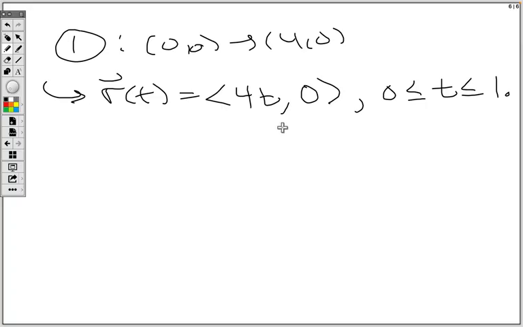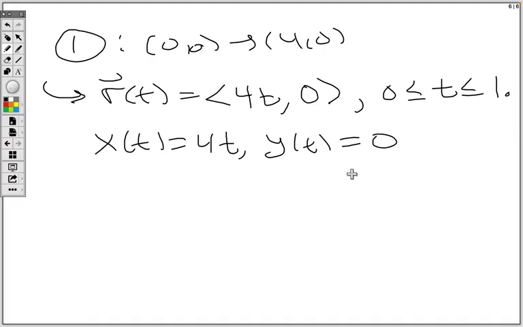So that's my parameterization of that line segment. So x of t would be 4t, y of t would be 0. All right, so that's step 1, is we found that parameterization.